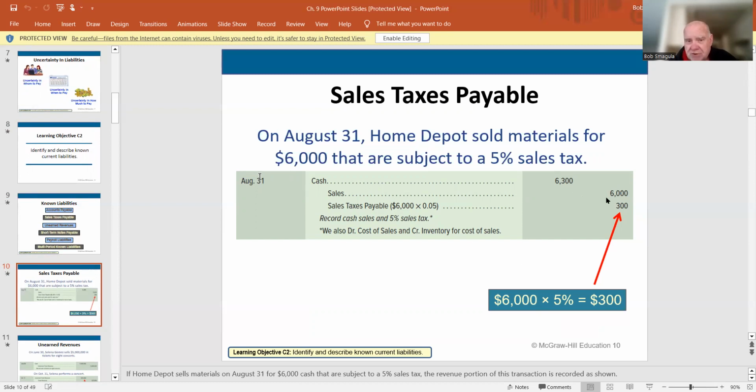That's not going to change. But the 300 creates a liability called sales tax payable. That is not Home Depot's money. That's the customer's money. Home Depot has a fiduciary duty to turn that money over to the appropriate state at tax time. Okay? So you have a credit to sales taxes payable.